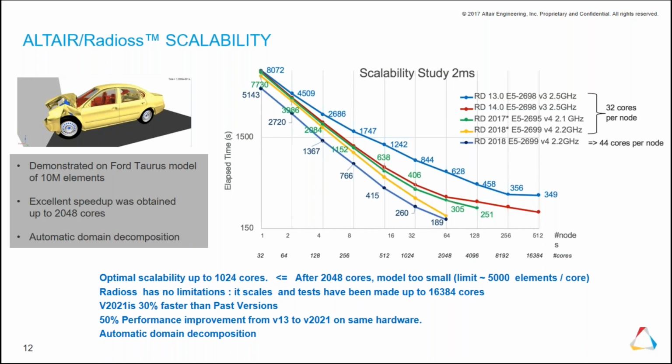So explicit runs take a lot of time, but you can overcome this challenge by using Radioss, as it scales to any number of cores. There is even a 50% performance improvement from version 13 to version 2021 on the same hardware. The biggest feature is the automatic domain decomposition. So what do you mean by that? I will explain in my next slides.